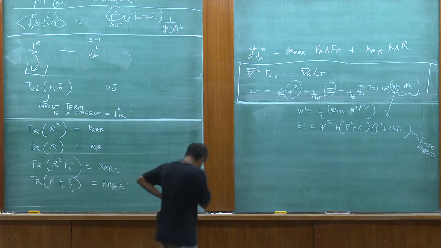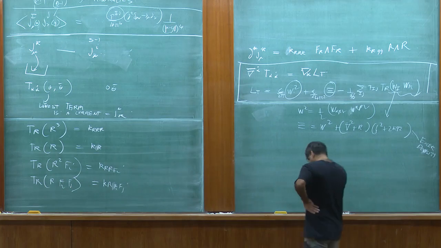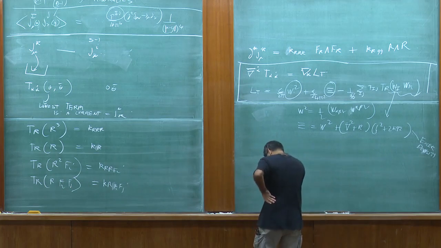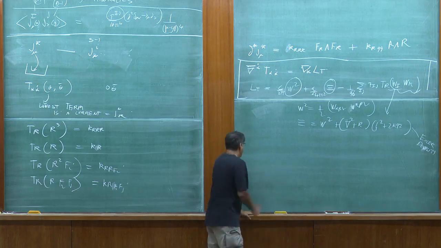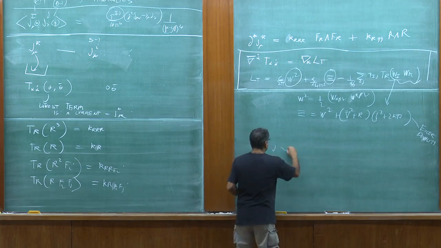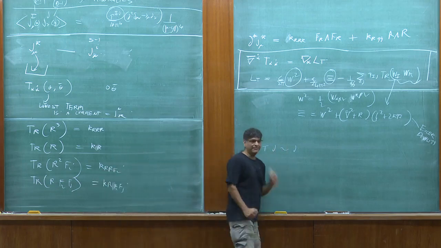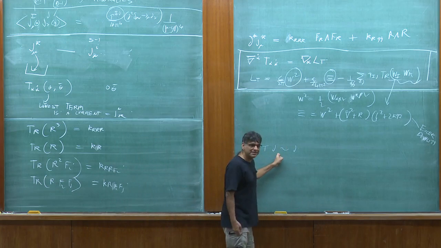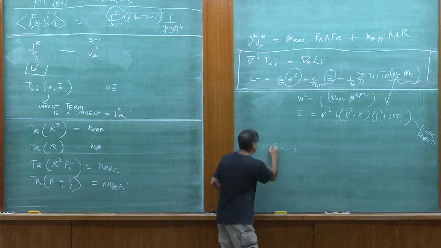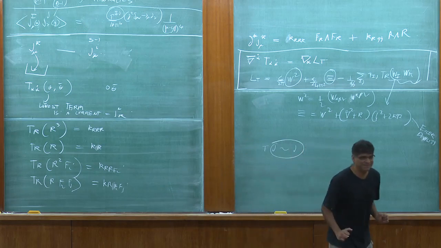The reason is basically this: if you want to know T J goes like J, this OPE is completely determined by the charges of J, and therefore by the 2-point function of J.